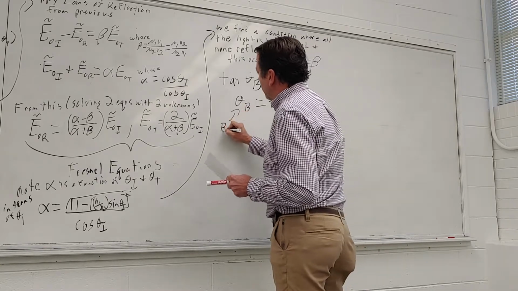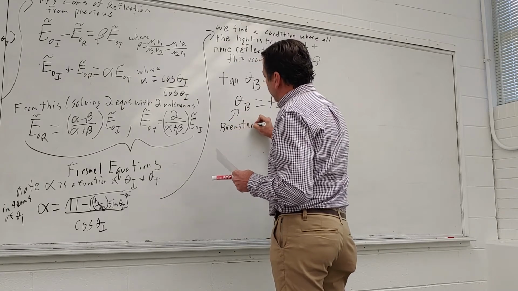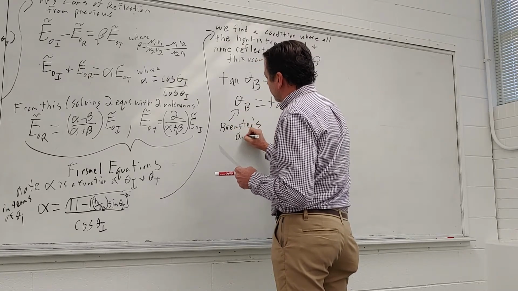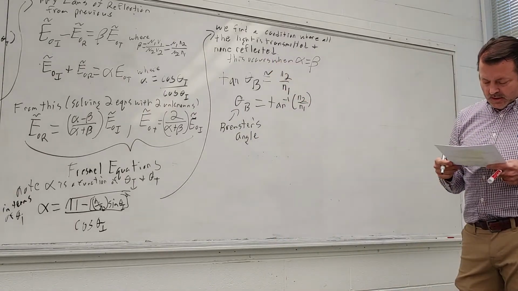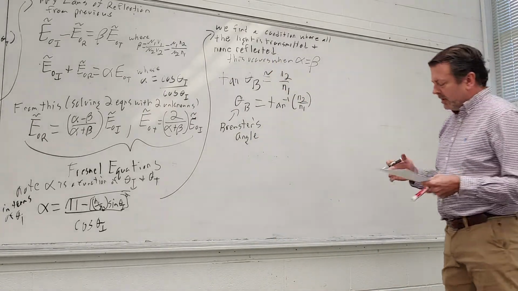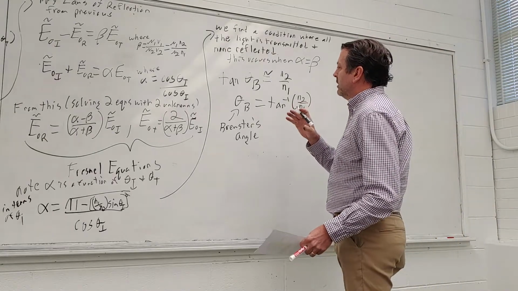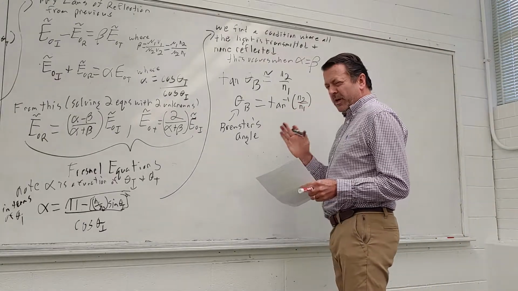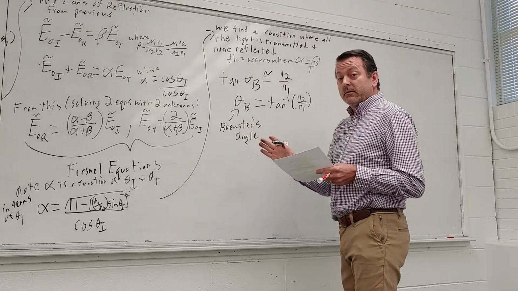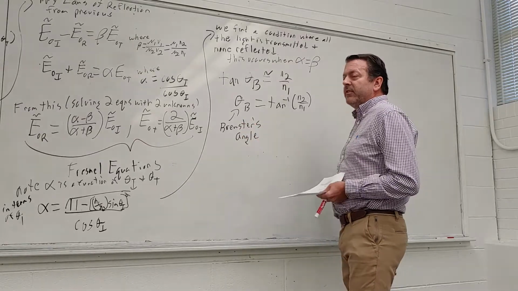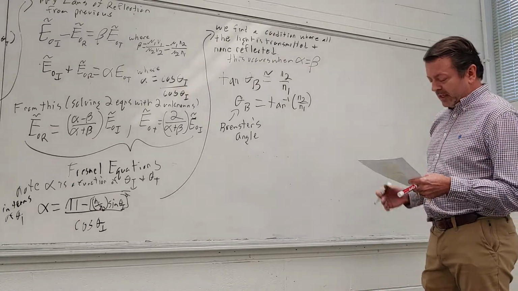Theta B is known as Brewster's angle. This is the point where, at just one specific angle, no light is reflected. So let's kind of look at a graph.